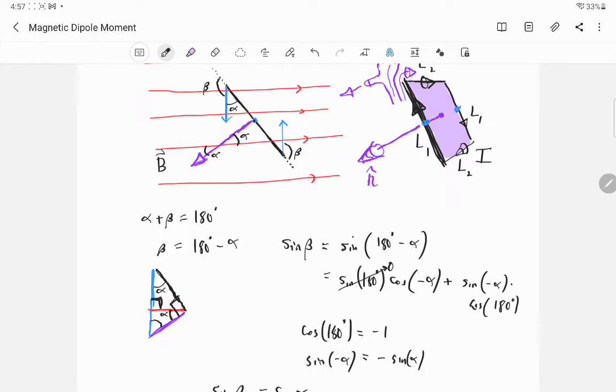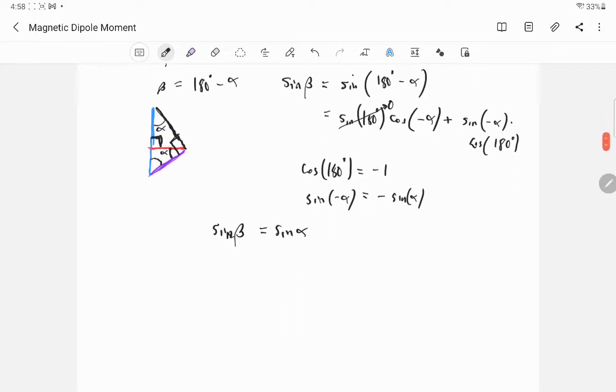So all this is to say there's something really important about this purple normal direction. And what I'm going to define is an area vector. You might recall this actually.